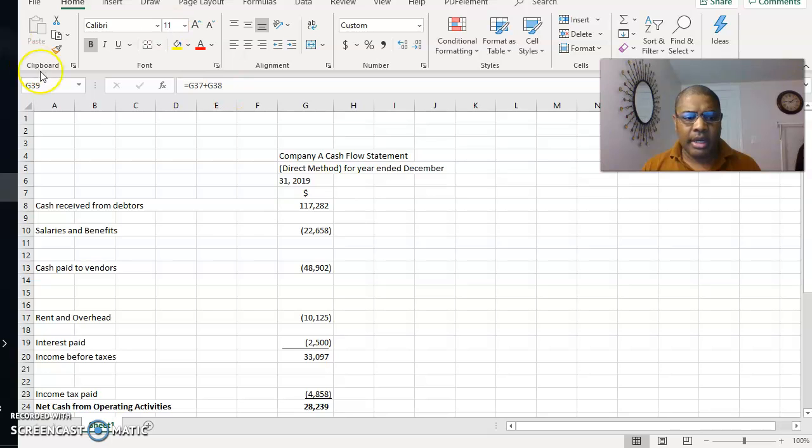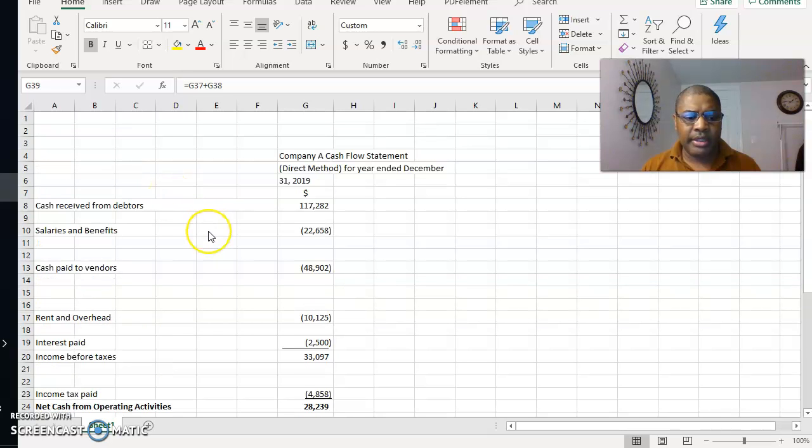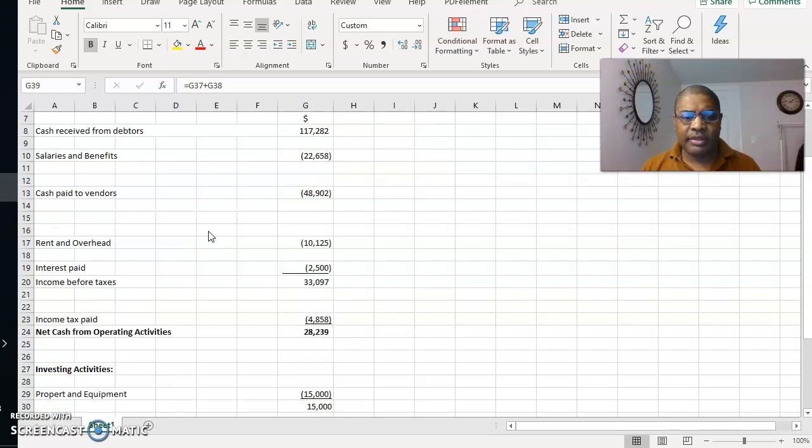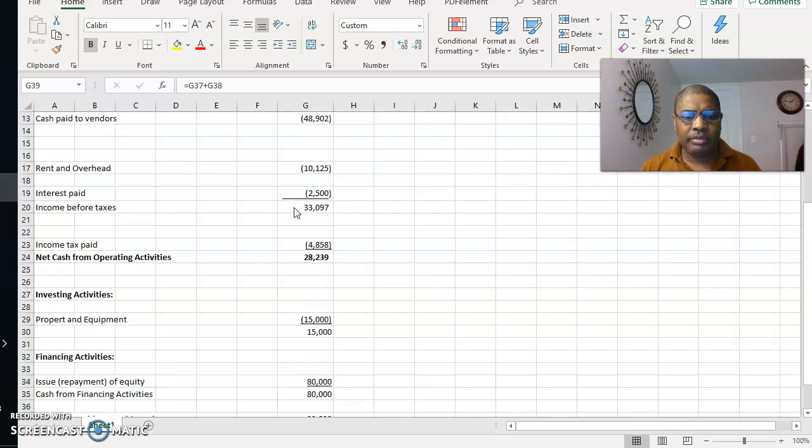The major area in the direct method is the operating activity section, in which, if you look closely, we don't have to make any adjustment.